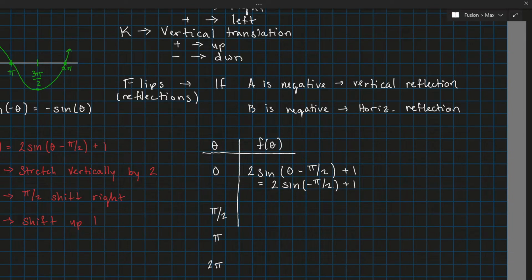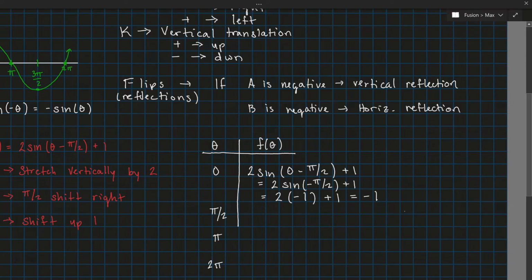Negative 90 is the same angle as what? 270. Sine means the y-coordinate at 270, which is what? Negative 1. Good. So sine of negative pi over 2 is just -1. So that's 2 times -1 plus 1, that's -1.